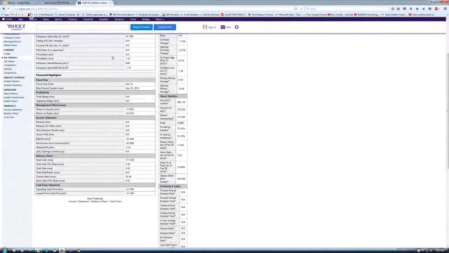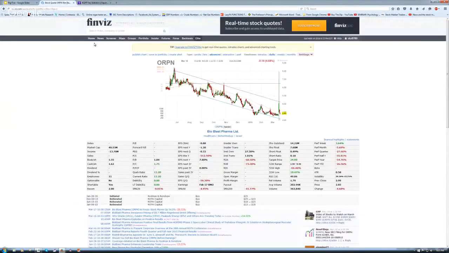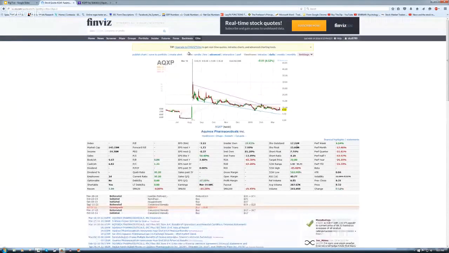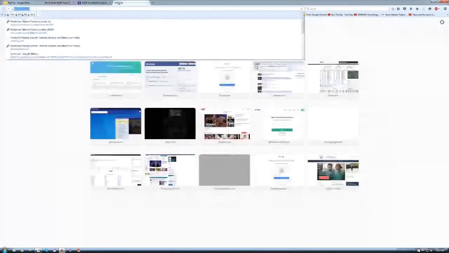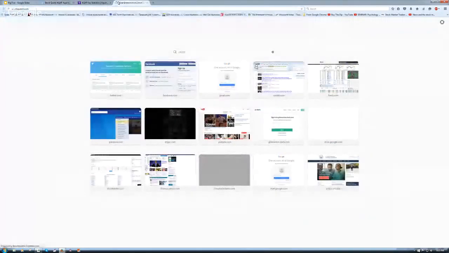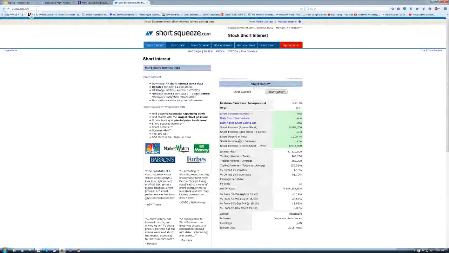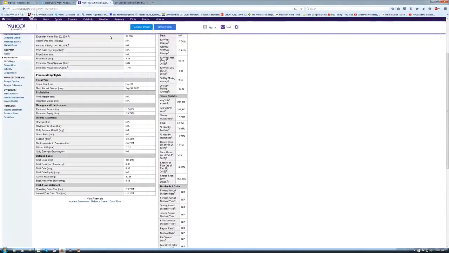This is the problem that I have with float: there's no real way to get an exact number. You can look at Yahoo Finance, you can look at FinViz. There's a couple other websites that have it, like shortsqueeze.com, which has the short percentage of float, which we're going to talk about in just a second. But there's not really a definitive source.